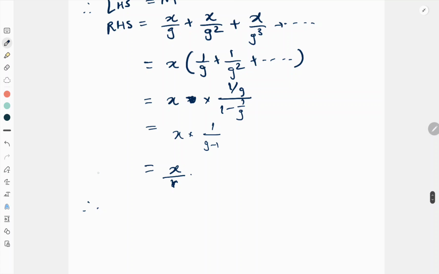So the left hand side, 1 million, is equal to the right hand side, which is x divided by r. So x is equal to $1 million times the rate of interest, 0.05, which is $50,000.